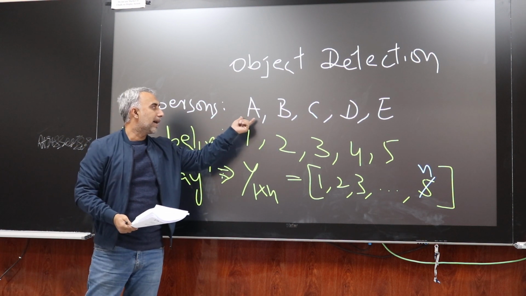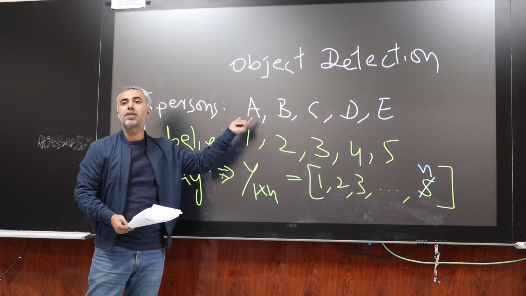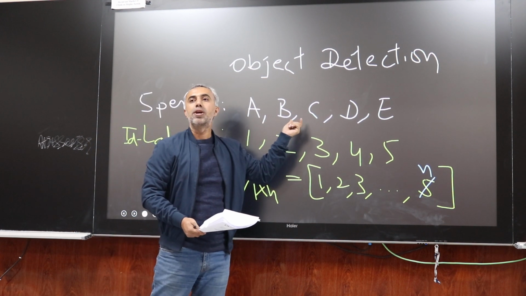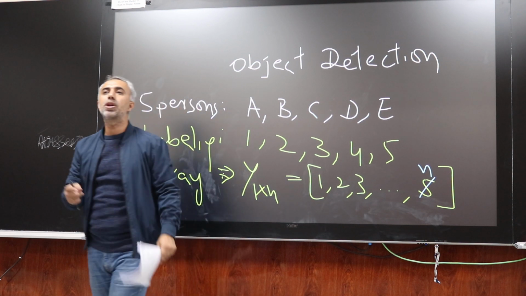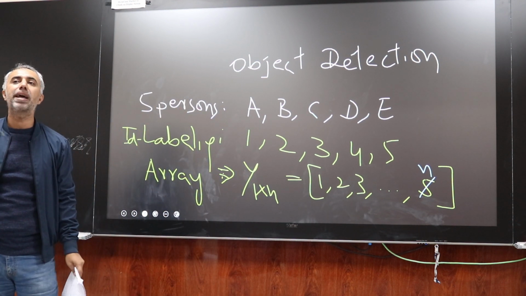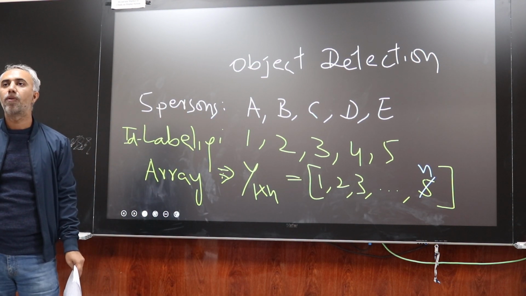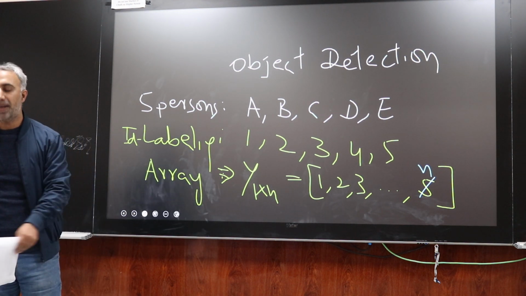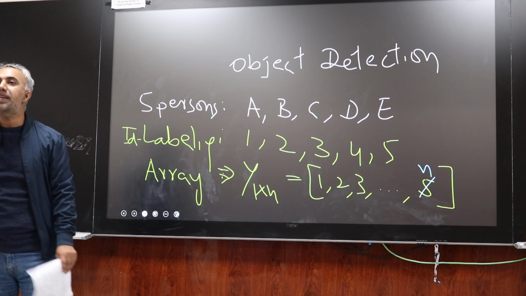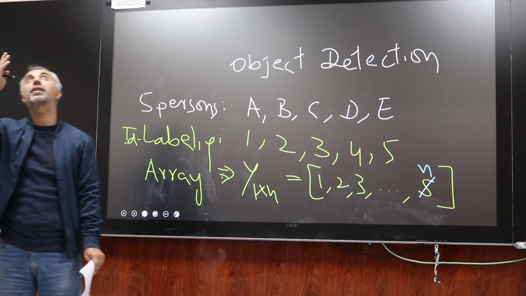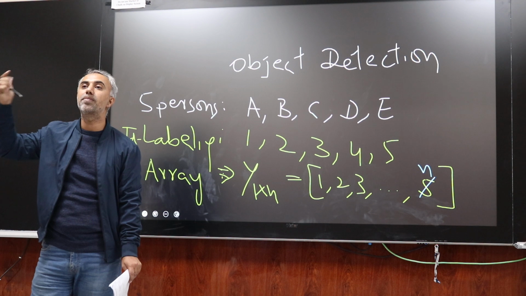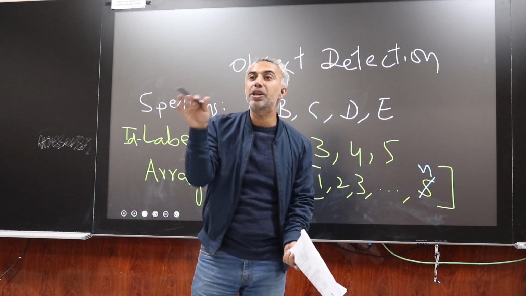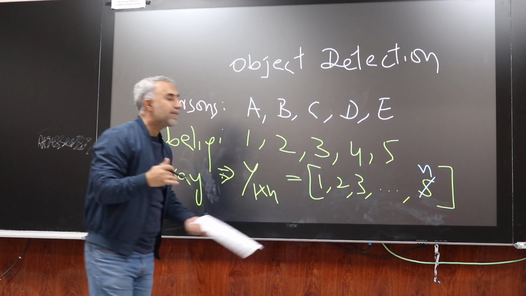You need to get a maximum number of images belonging to person A, and a maximum number of images belonging to person B. Why not only one image? One image will mislead. For example, sometimes I am very happy, but sometimes I am very sad. Features become different. If my picture is in white light versus green light, of course the color features will change. So, maximum number of data.